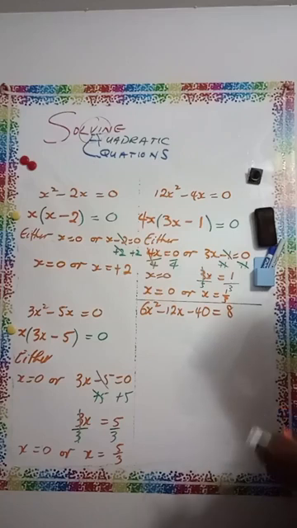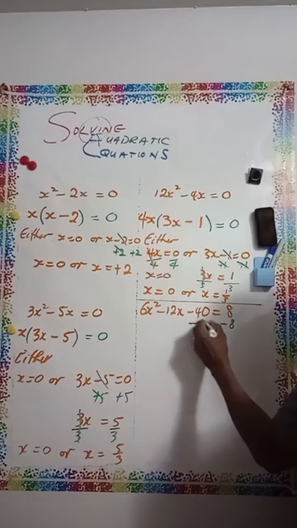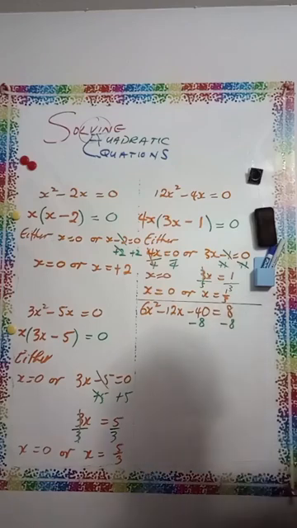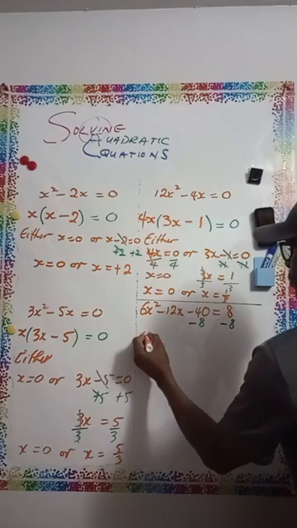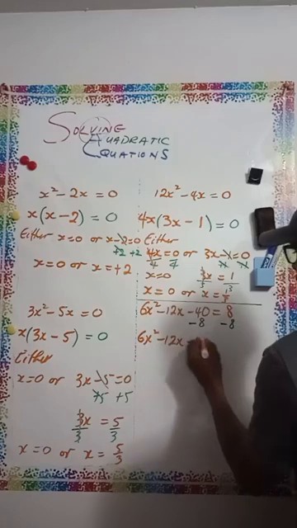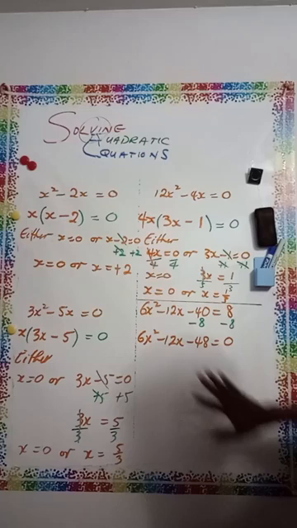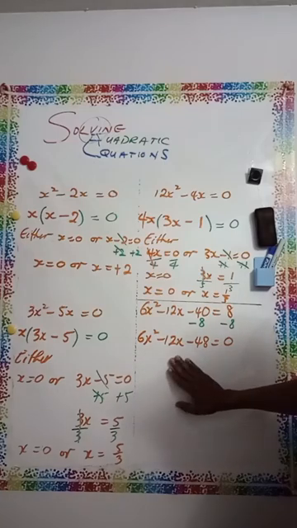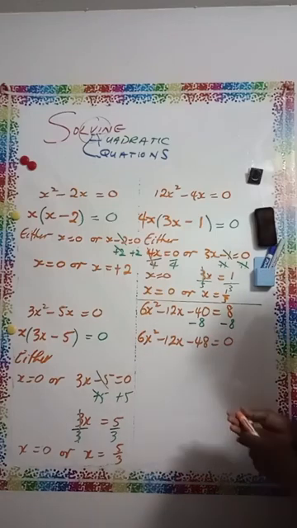So the first thing you're going to have to do is what? Subtract 48 from both sides and make sure you're properly aligned. So from there, we're going to leave it: 6x squared minus 12x minus 48 equal to 0. If you look carefully, we can simplify this quadratic equation so that it can be dealt with in a simpler manner.